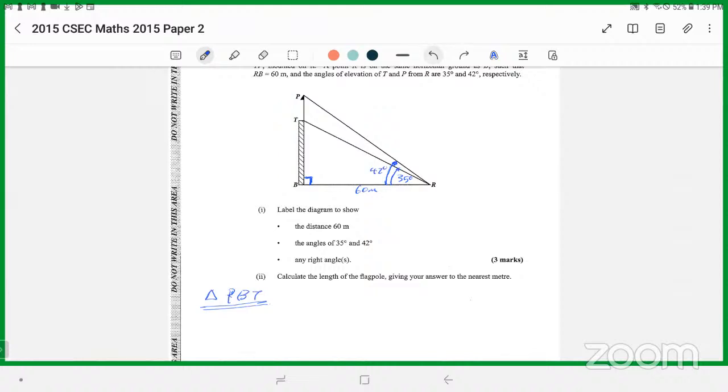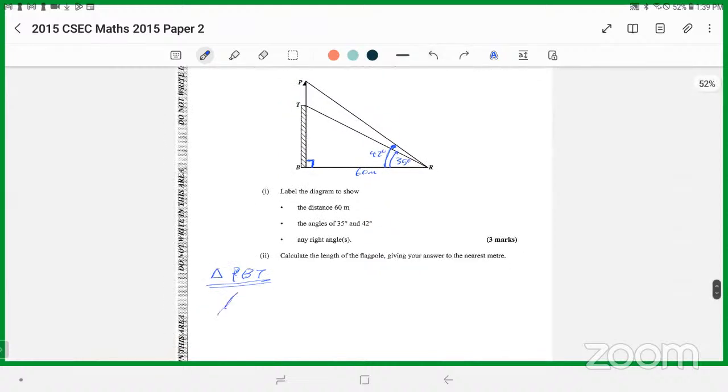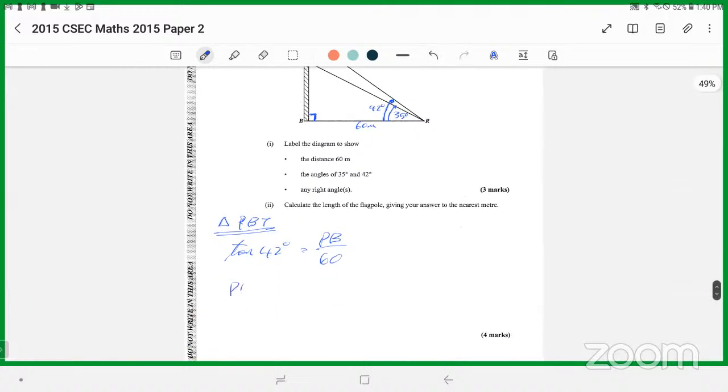Tan is opposite over adjacent. So the tan of 42 degrees equals the overall height PB over the adjacent, which is 60. Multiply by 60, you get PB equals 60 tan 42 degrees.